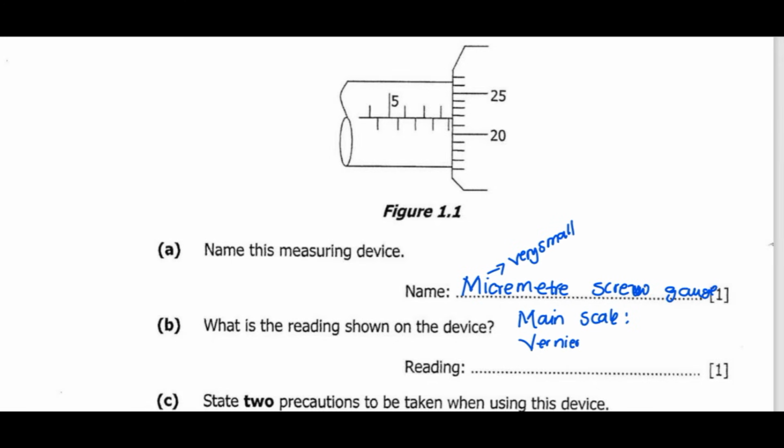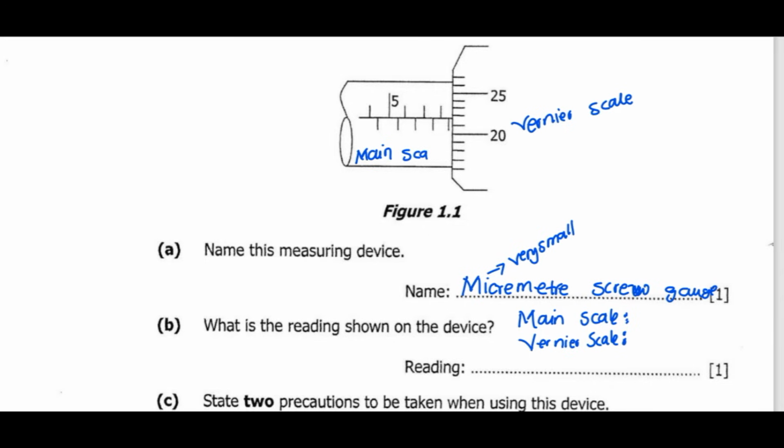The word vernier does not only mean, or you shouldn't only associate it with the vernier caliper. The word vernier means something that is moving. So the vernier scale is here under this instrument. So we have the vernier scale here, then our main scale here. So we begin with the main scale.